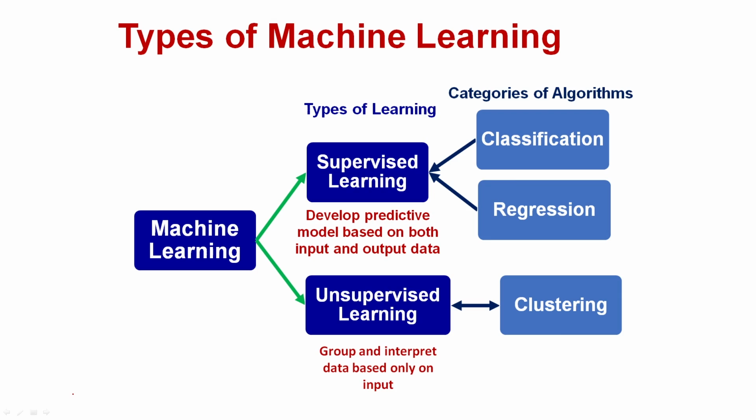So, as a part of unsupervised learning, we know that this group of learning methods interprets data based on only input. In case of supervised learning, you have both input and output, that is, variables and target values. In case of unsupervised, you have only variables, no target values, that means you have only input.